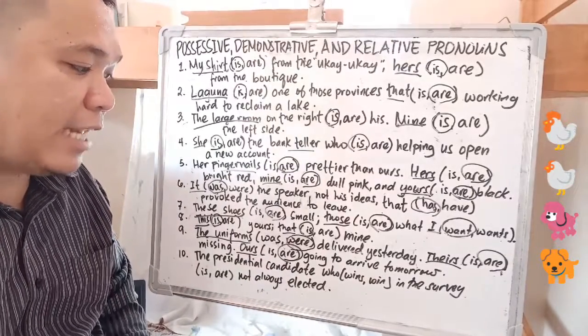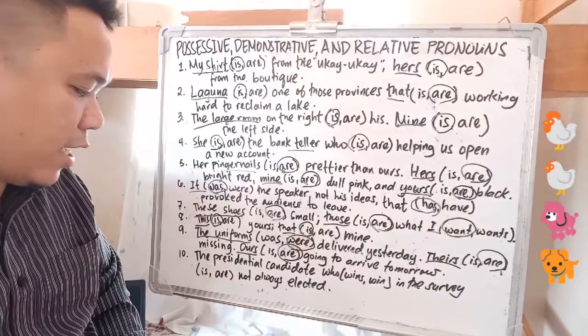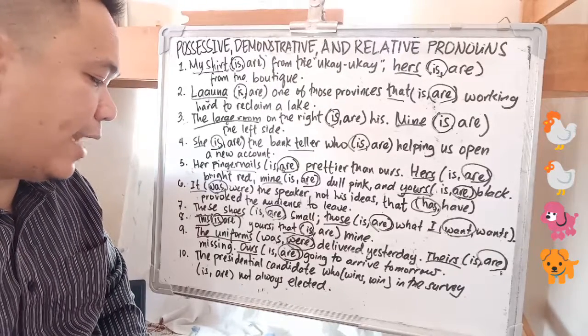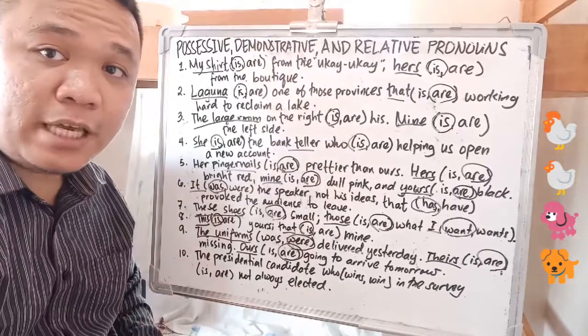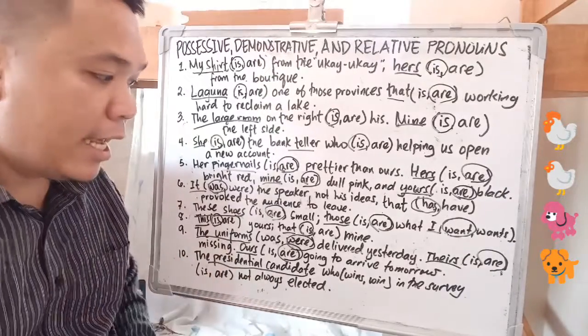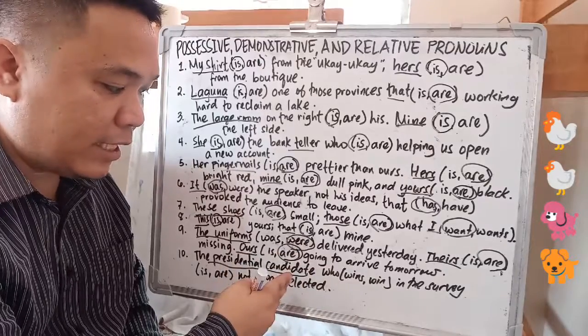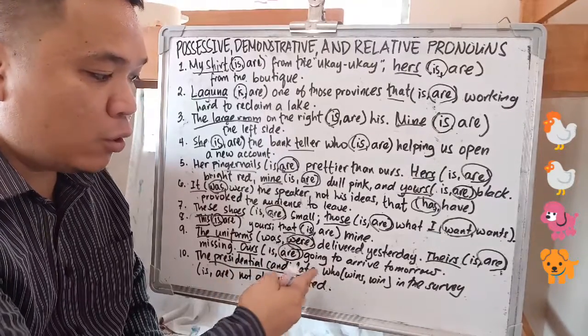Lastly, the presidential candidate who wins in a survey is/are not always elected. So the subject here is the presidential candidate, and it is singular, with the relative pronoun who referring to the presidential candidate.